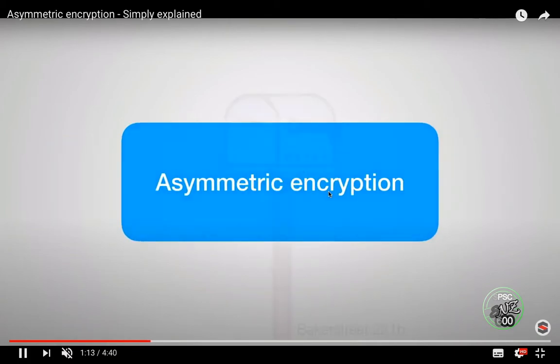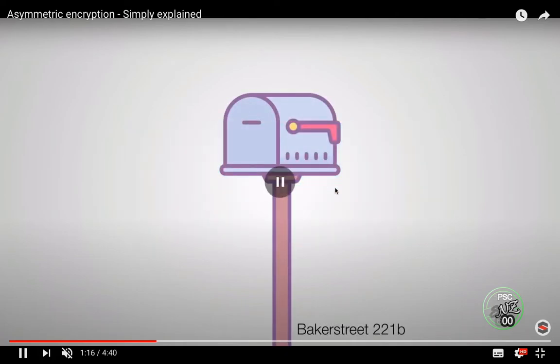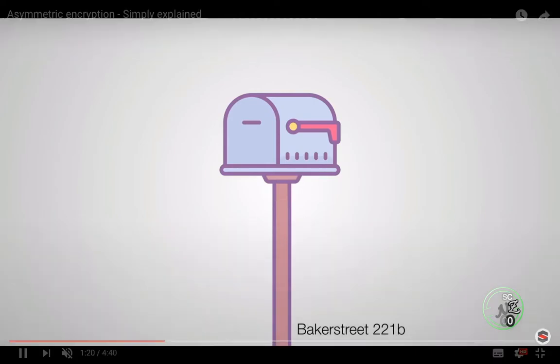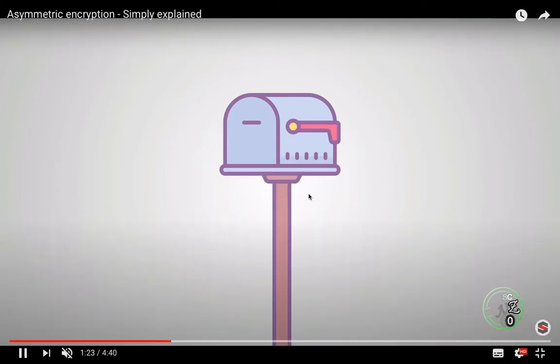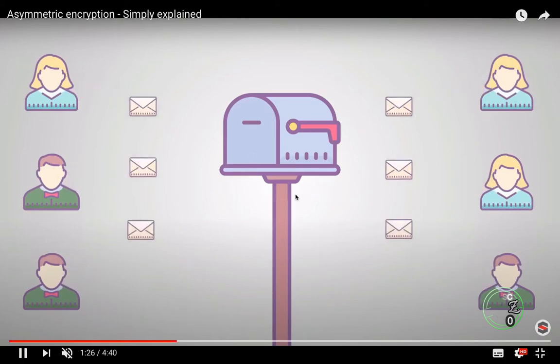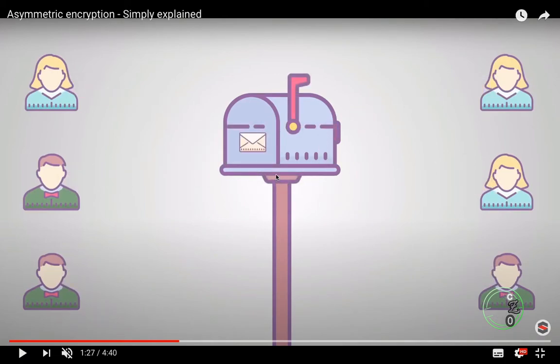First of all, we'll go for a practical example. We're thinking of a mailbox in a public location. Anyone can send mail to that public location.